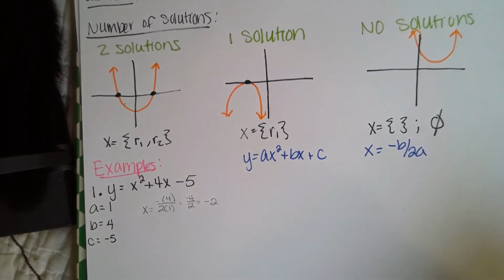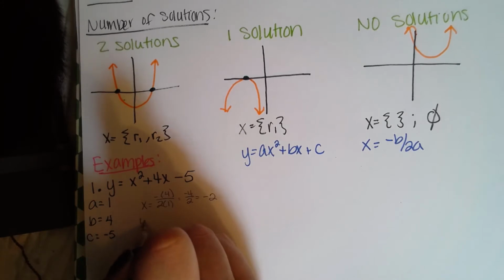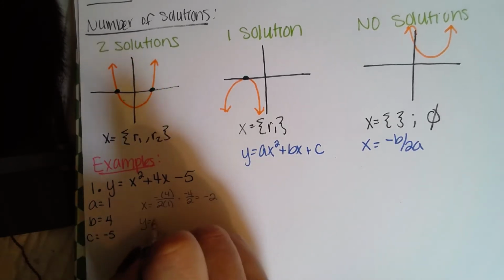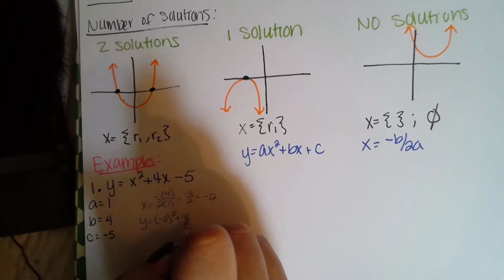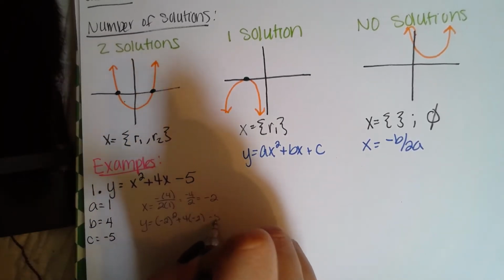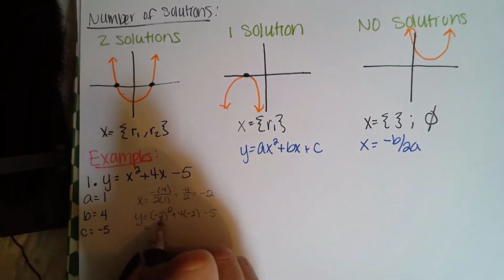And then just bring down the negative 5. And then remember, when you get to addition and subtraction, you do it from left to right. So you would do 4 minus 8 first, which would give you a negative 8, minus 5, which would give you a negative 9. So then your vertex is at (-2, -9).